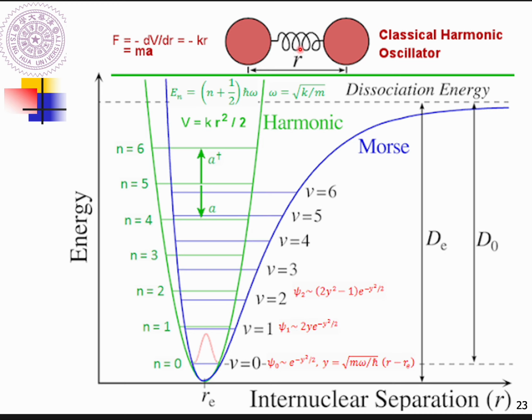But when we talk about the lattice constant, A is related to R, right? Usually we take the average, which is the center of this vibration displacement. So based on these results, we can take the center as we increase the energy.